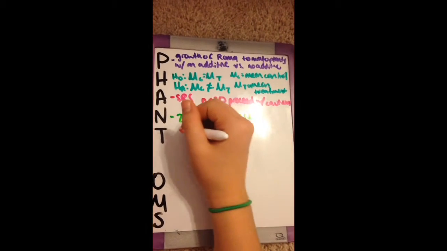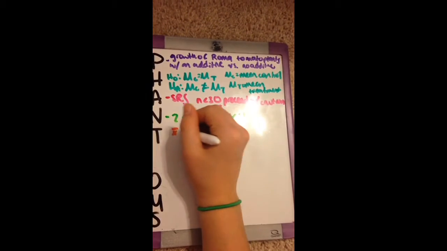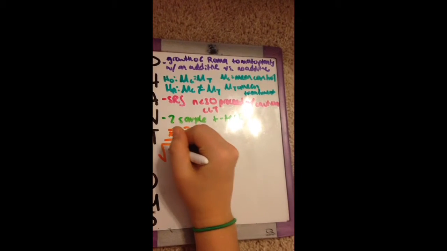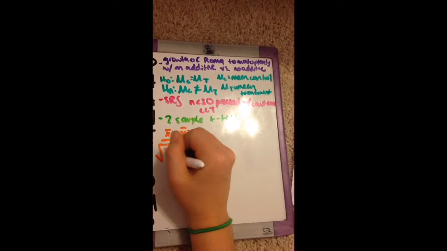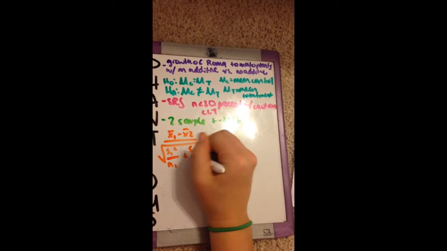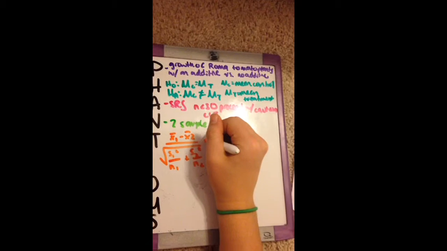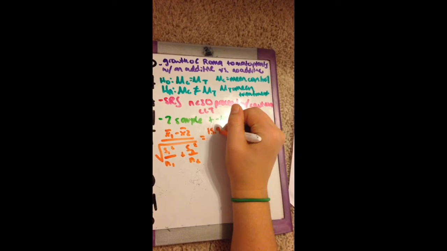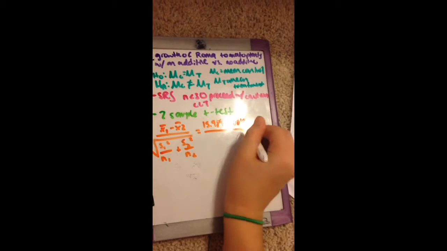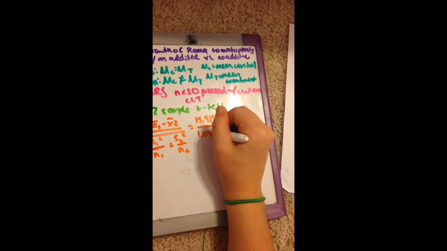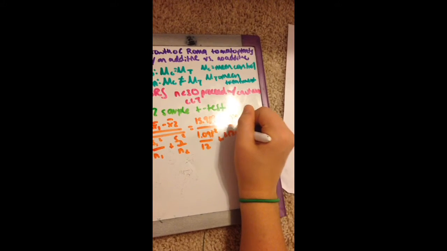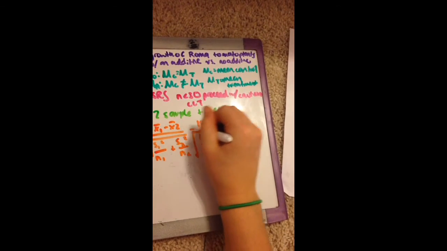Our equation is x bar 1 minus x bar 2 over the square root of standard deviation 1 squared over n1 plus standard deviation 2 squared over n2. We're going to plug in our values. We have 15.989 minus 18.004, which came from the table they gave us, over 1.098 squared over 12 plus 1.175 squared over 12, all under a square root.